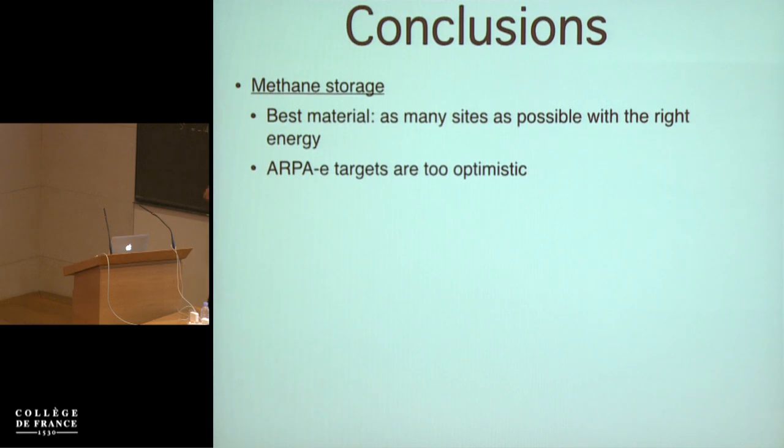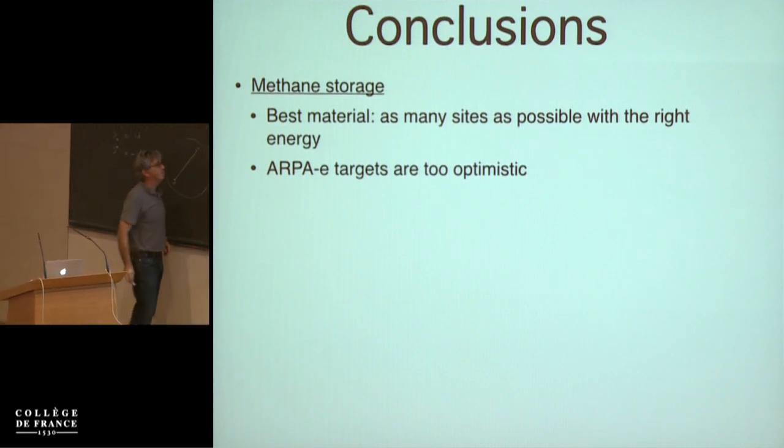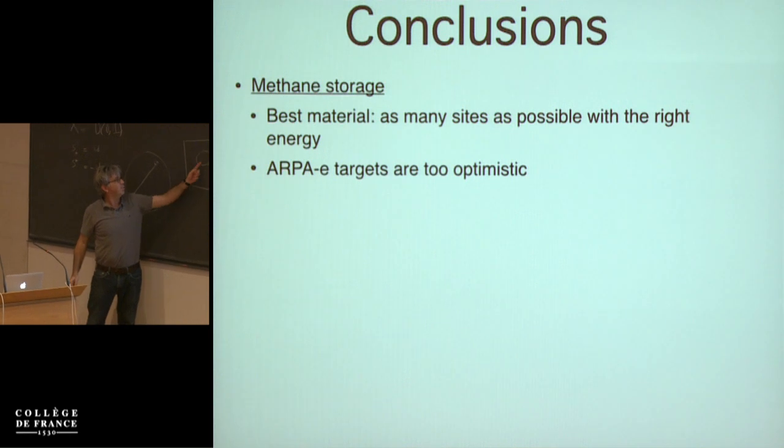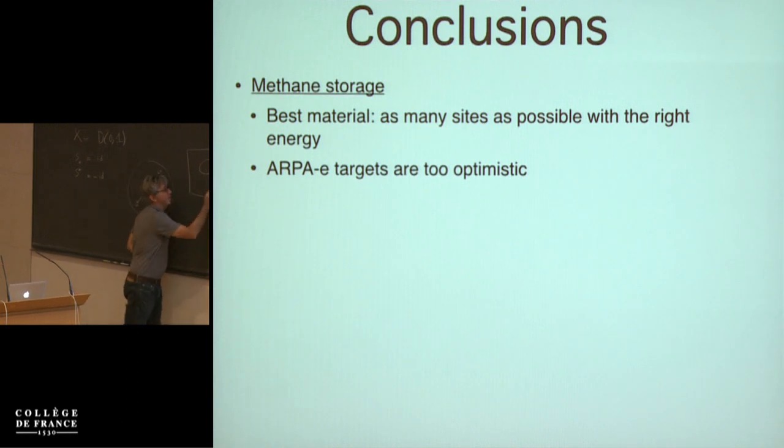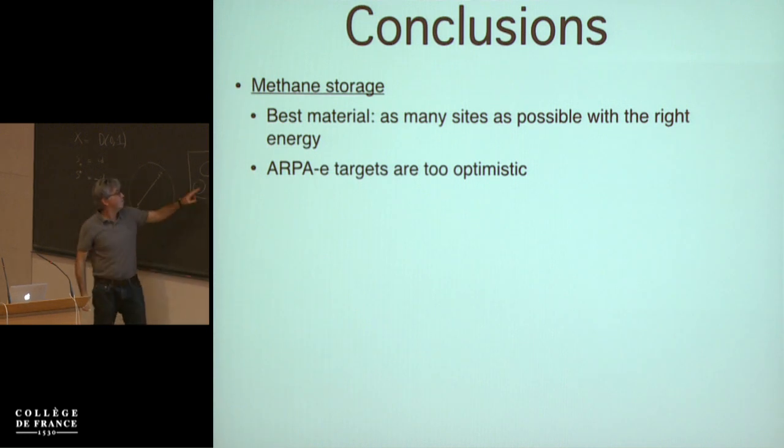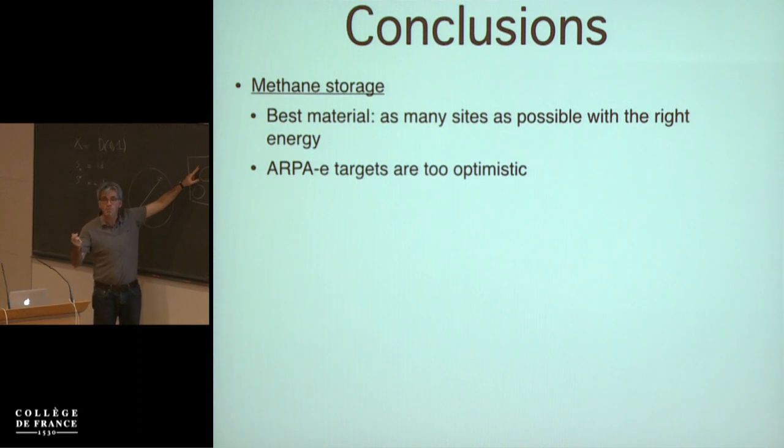Well, the essence is actually quite simple. If you have a material, you create an adsorption site, and it's easy to tune the chemistry so that this one has the right energy. That's good. This one is optimum. We create another one. That one is also optimum. And another one. And another one. But at a given moment, you don't have the material anymore to maintain this optimum energy.